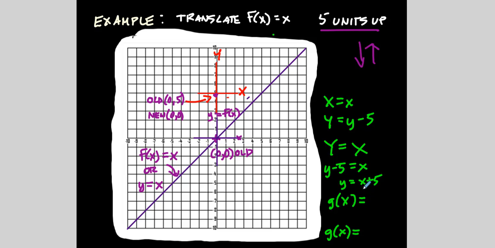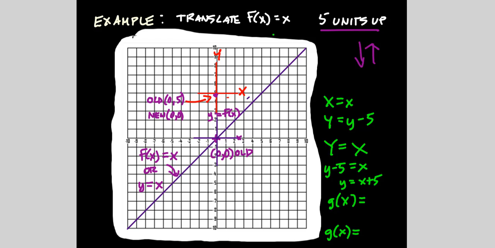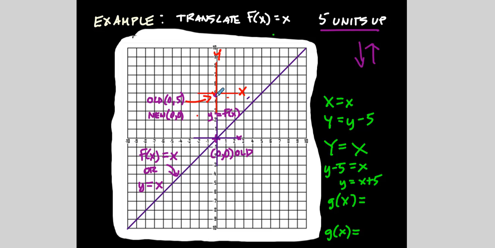Okay, let's graph that in first. So we're going to plot the new function that we translated. Slope of 1, 1 over 1 up, 1 over 1 up. Let's draw a line through those sample points I put in there.